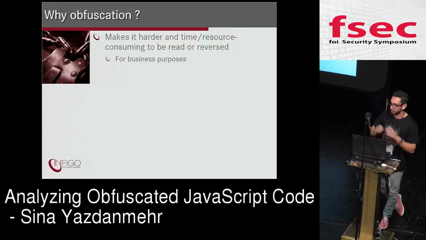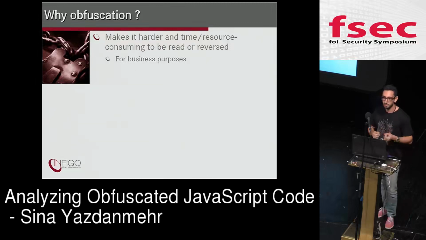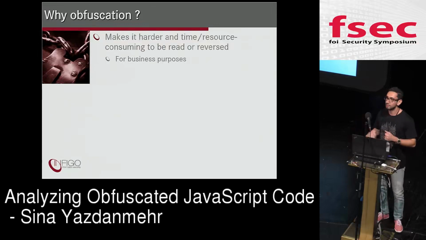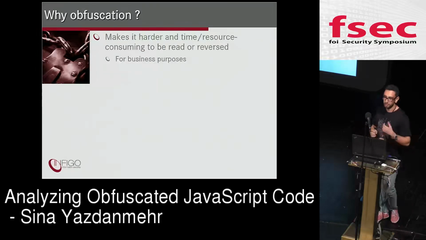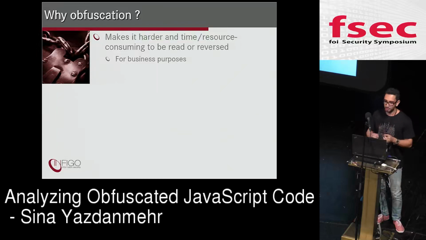The first benefit is for business purposes. For example, when a developer or a company produces a new library or application, they can do obfuscation in order to prevent unauthorized access to its source code. Also, for licensing implementations, vendors may use these obfuscation methods in order to prevent unauthorized usage of the application.